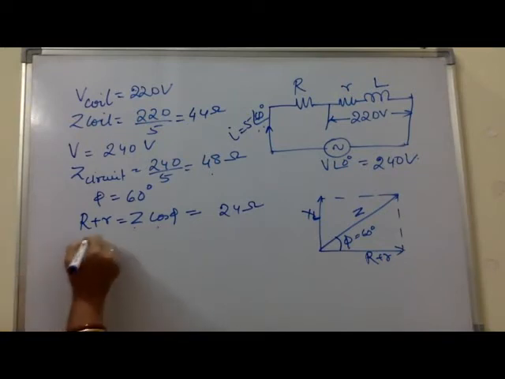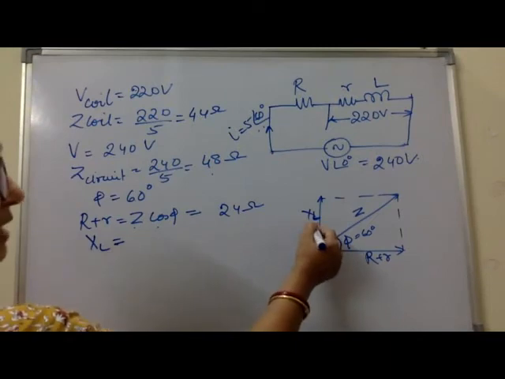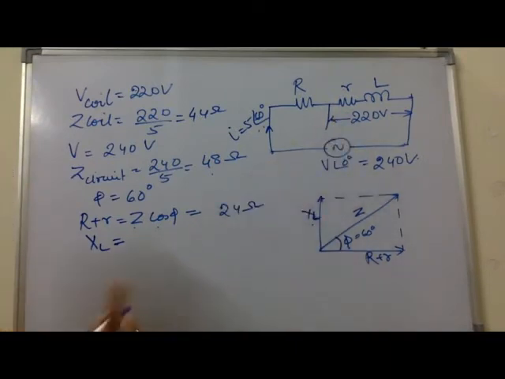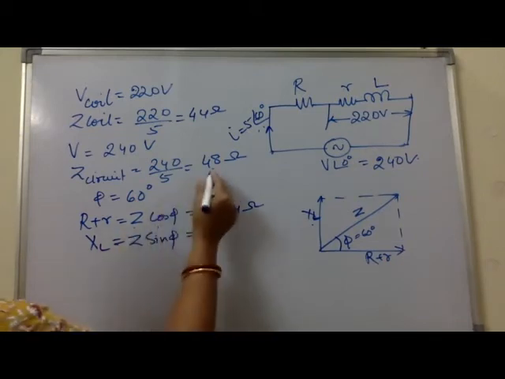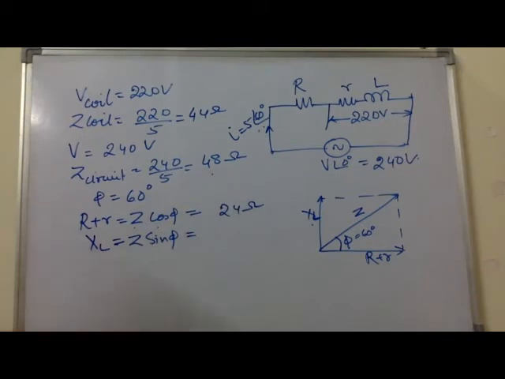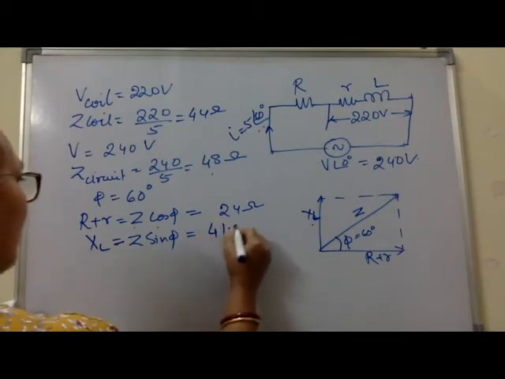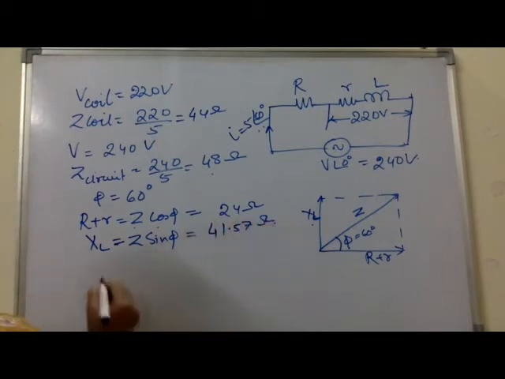We can also find out the XL from this, because this is the reactance of the given coil, and that can be given as XL equal to Z sin phi, that is 48 into sine 60 degrees, and sine 60 degrees is root 3 by 2. So this comes out to be 41.57 ohms.